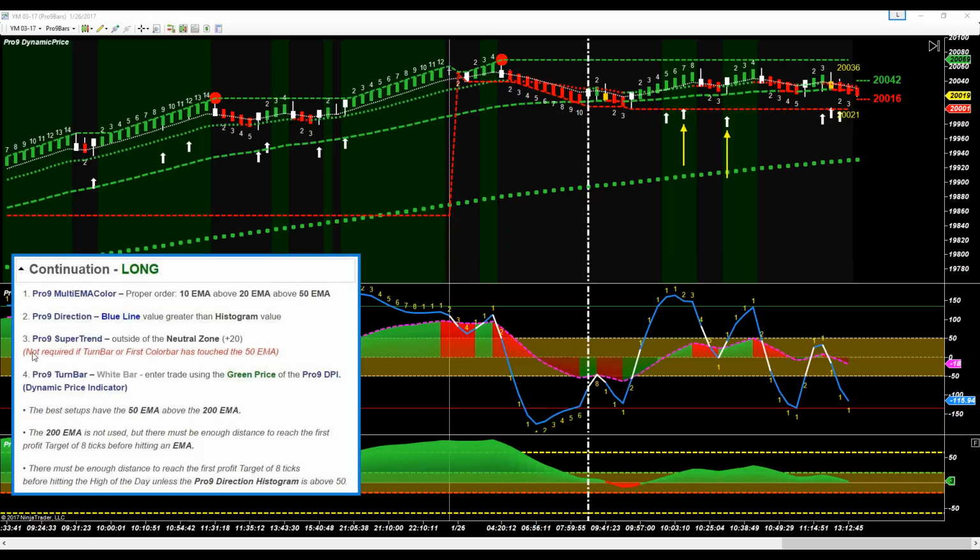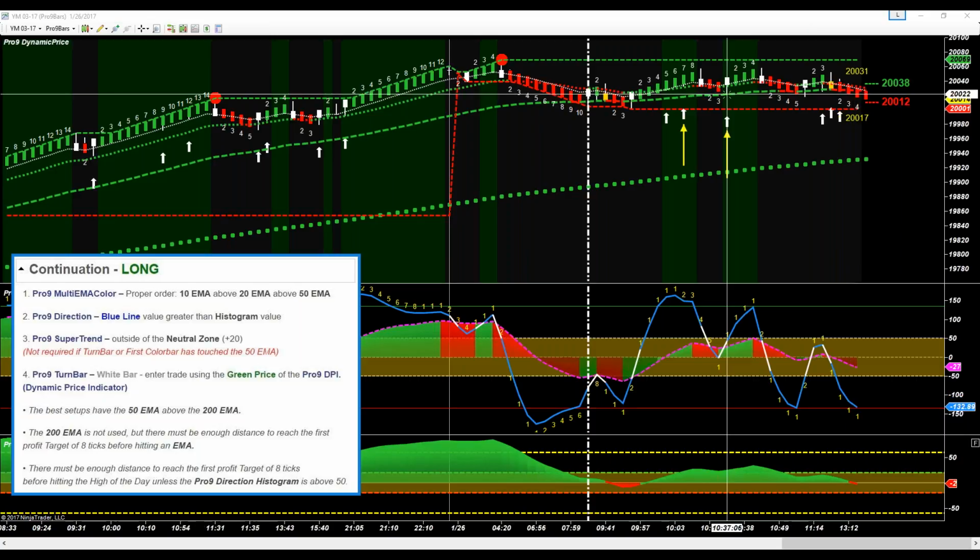Now notice in parentheses, this says not required if turn bar or first color bar has touched the 50 EMA. So if we see the turn bar come down and the tail touches the 50 EMA, that is a signal that we can ignore the super trend for that trade, because bouncing off the 50 is a really strong sign that we're going to have the momentum to at least hit our profit target. So we can disregard the super trend.